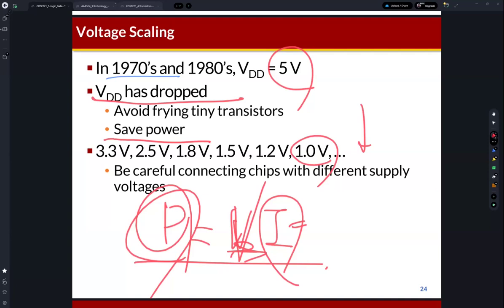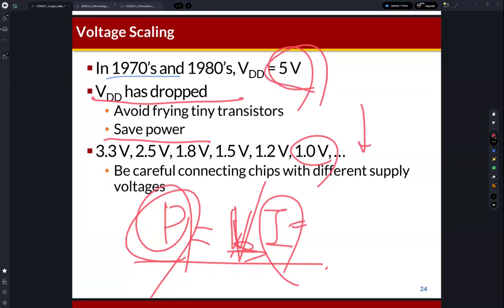These large data centers consume a huge amount of power, similar to the electric power generated by a nuclear power reactor. So power consumption is very critical to computer systems.